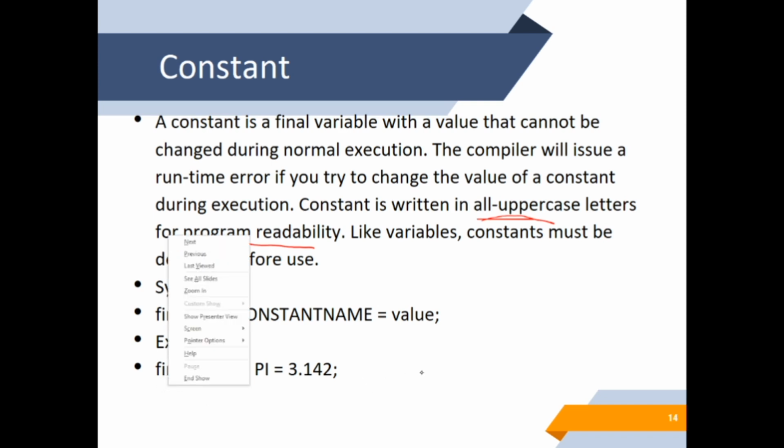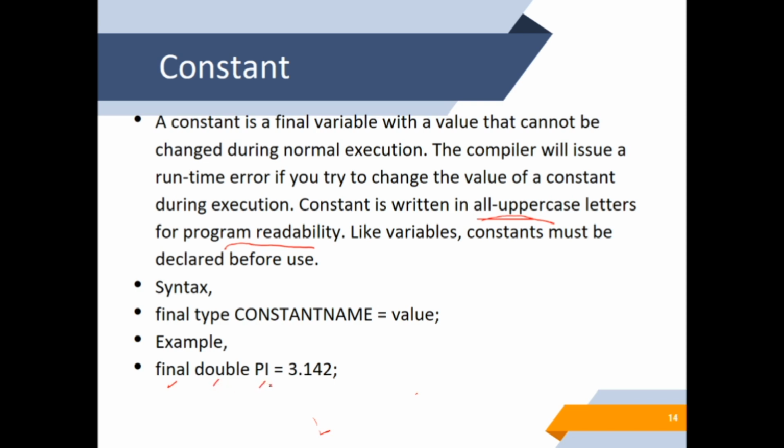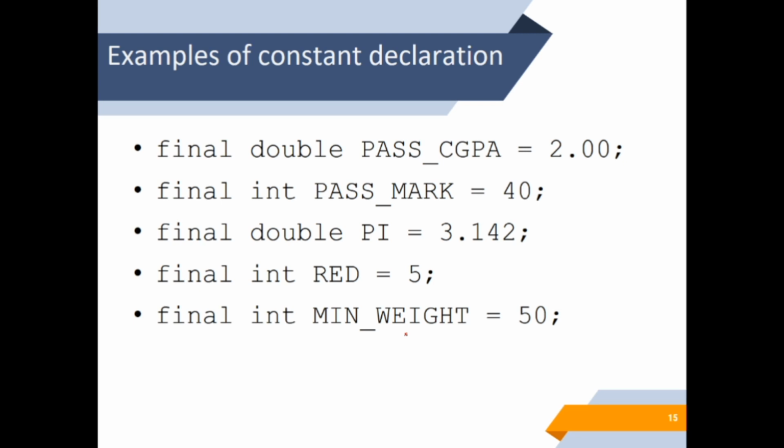This is an example of a constant variable. Final shows that the variable is a constant variable. Double is the data type for the variable. PI is the variable name, and 3.142 is the value of the constant variable PI. These are a few examples of constant declarations. For example, if you are setting the pass CGPA to 2.0, you put pass CGPA 2.0.